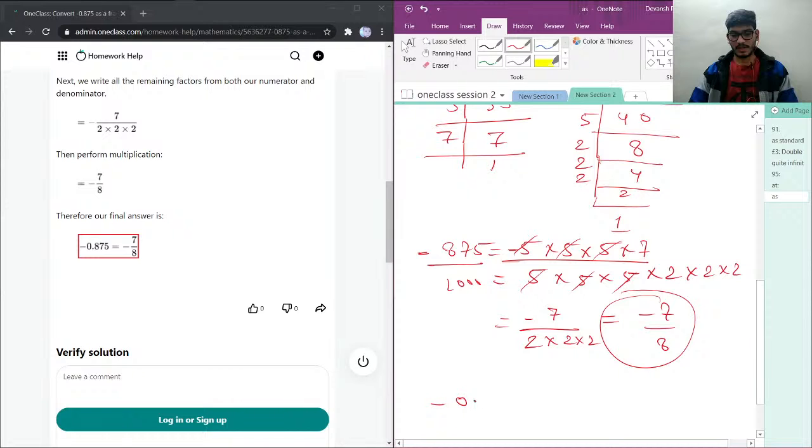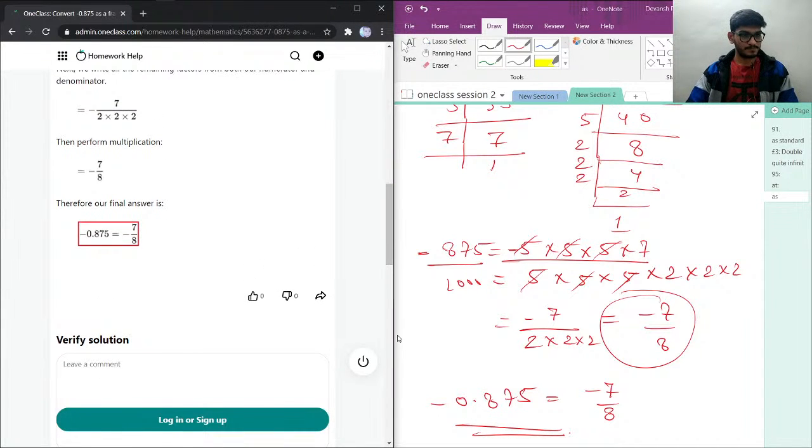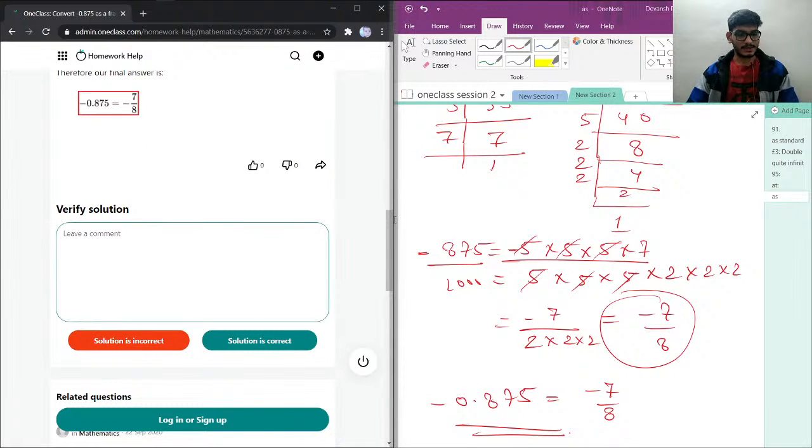So negative of 0.875 is negative of 7/8 in terms of fractions. So the answer given by Junior Tutor is correct, and therefore this is the correct solution. Very good.